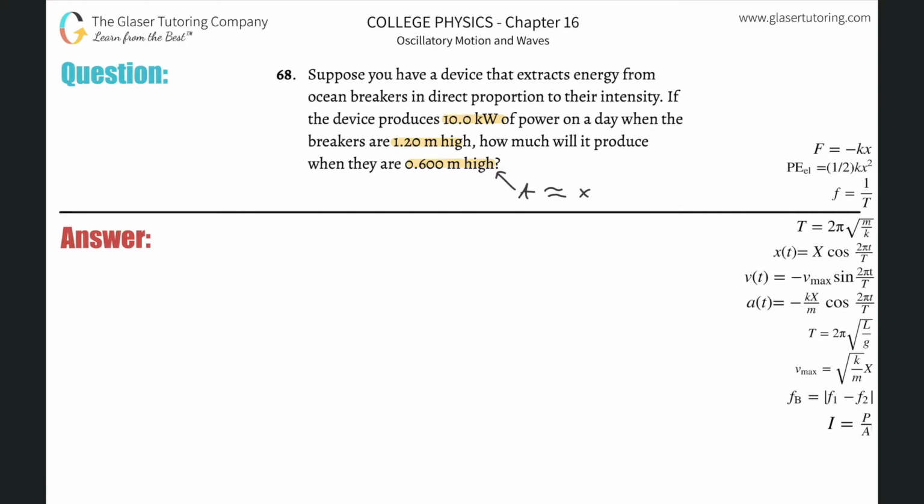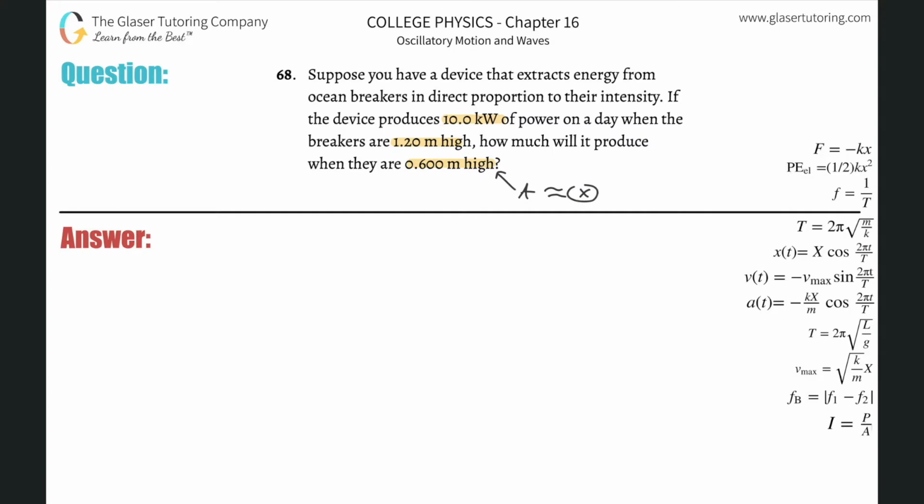You're used to thinking about x in terms of a spring, but here it's a general wave, because springs generate simple harmonic motion and can be described with wave-like characteristics. So the value 1.2 meters and 0.6 meters is really our x value.